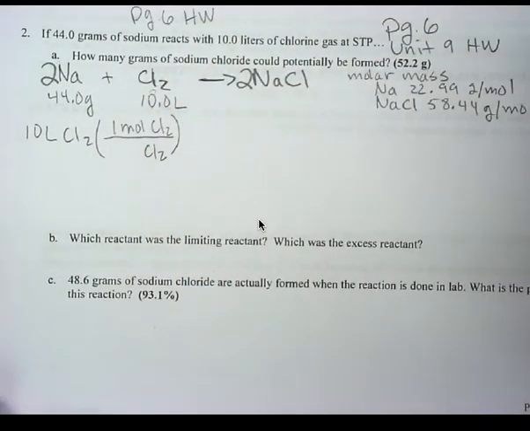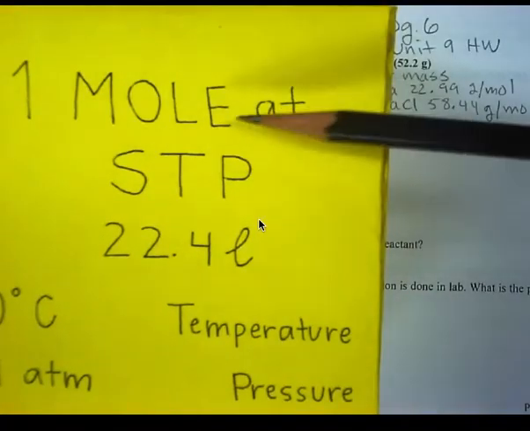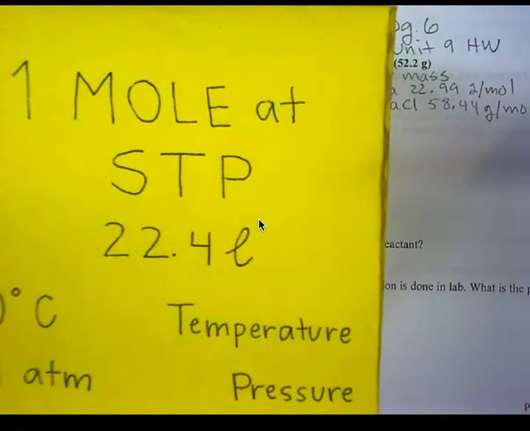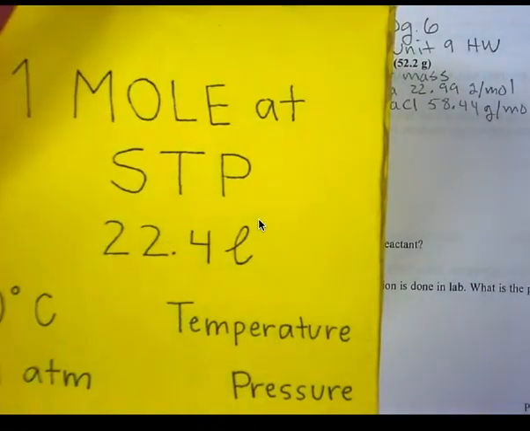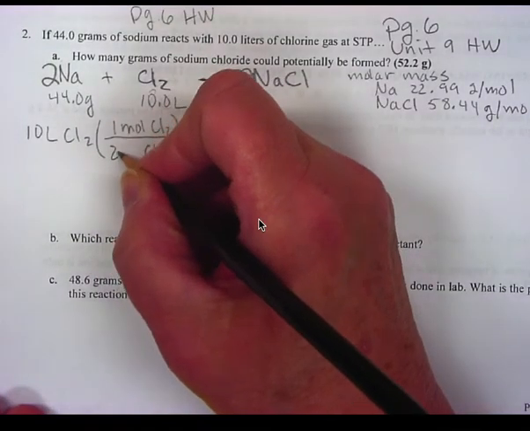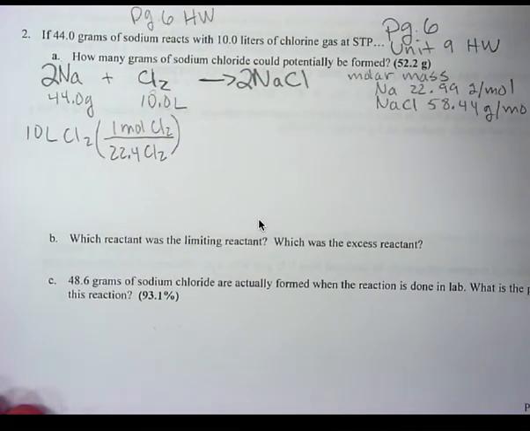And the equivalence that's true in order to do this is to remember that 1 mole of any gas at STP occupies a space of 22.4 liters. So that's the conversion number that I'm using here to convert chlorine gas to the amount of moles that would be.